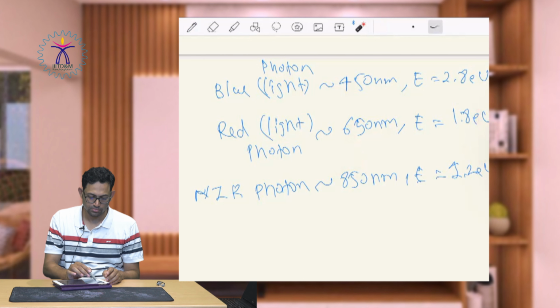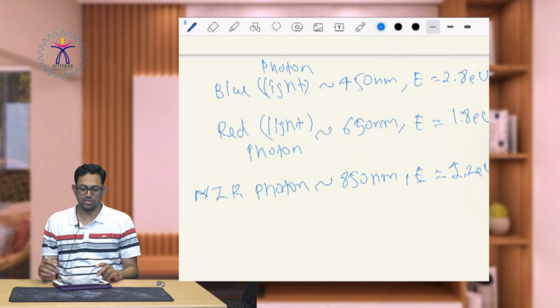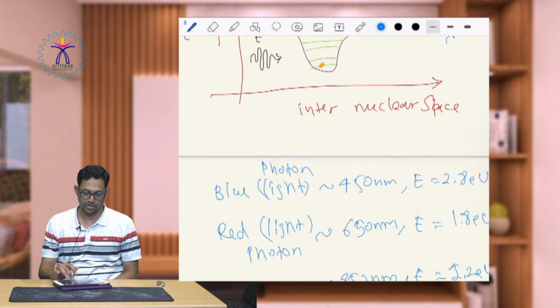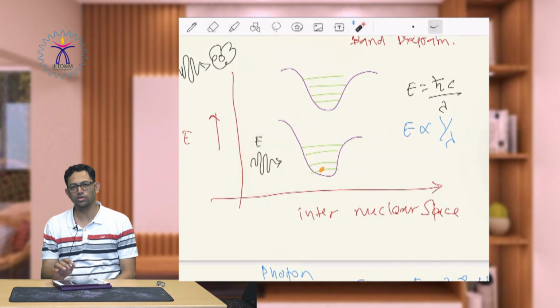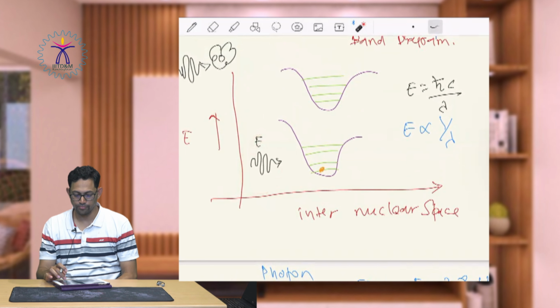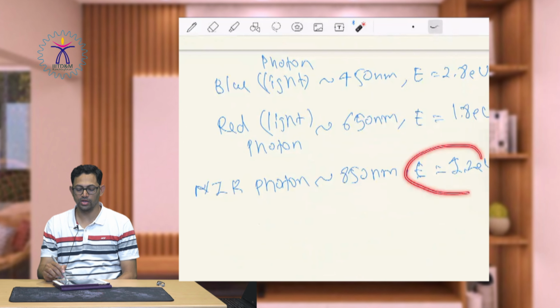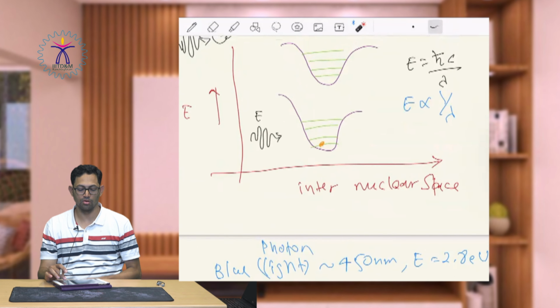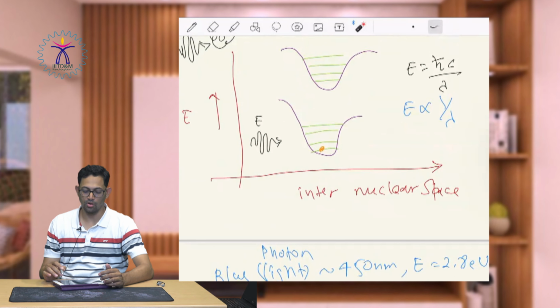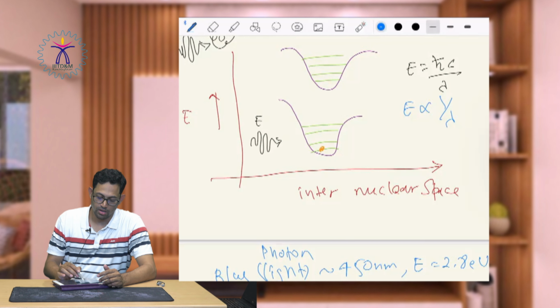Now let us shine this photon on the molecule, and it is of the lowest energy, around 1.2 eV. We are shining infrared wavelength on this molecule.